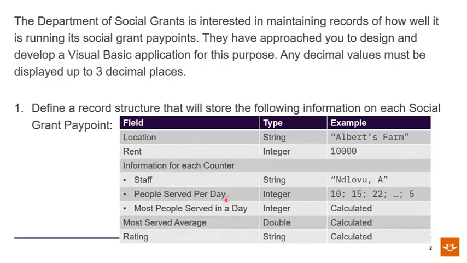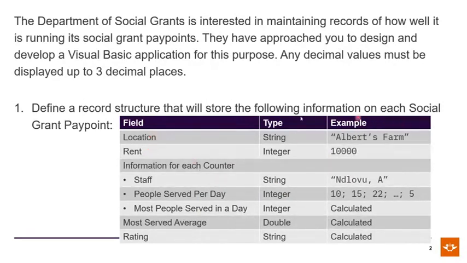So from this, hopefully you pick up that, oh, hang on, because this table is a record structure containing information on each social grant pay point, you should know that, well, this overall record structure will be an array. It will be a dynamic array.